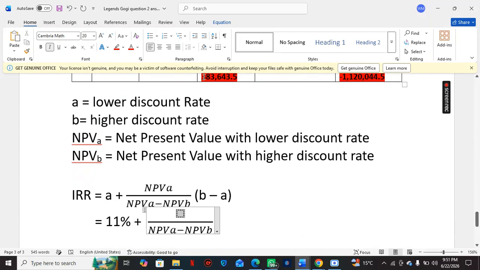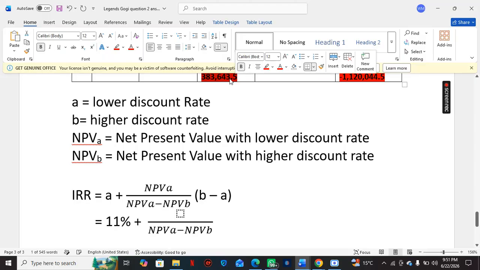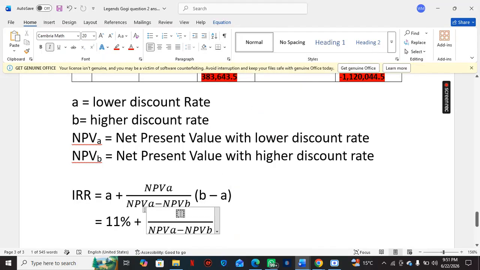Okay, the NPV with the lower discount rate, remember, is 383,643.5. That was the net present value with the 11% discount rate.